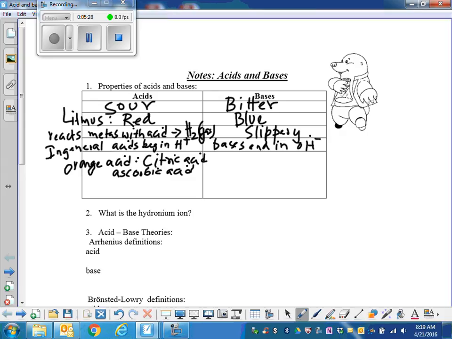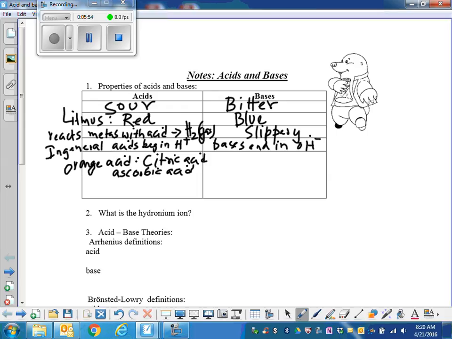Orange juice concentrate itself is a mixture of compounds, one of which will be citric acid, because that's what lends it its sour taste. Any other acid that we use in our everyday life?